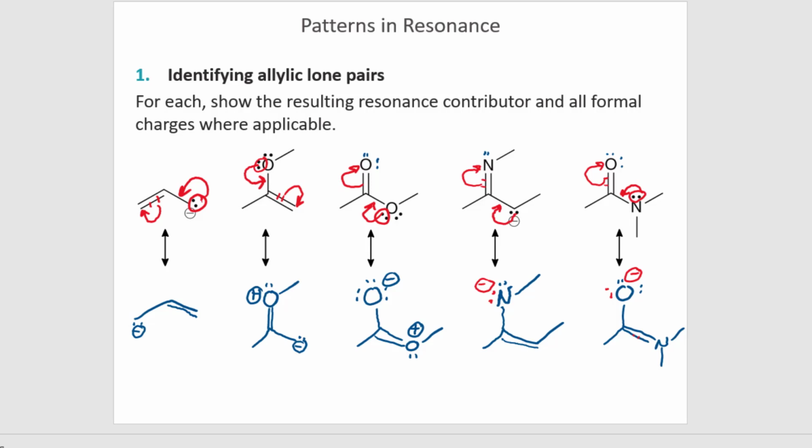The nitrogen is now out of its bond trend. It used its lone pair, so now it has 4 bonds. It lost some electron density that it once had all to itself. So these are the resonance contributors for all of the properly drawn arrow pushing that show resonance between each of those systems.